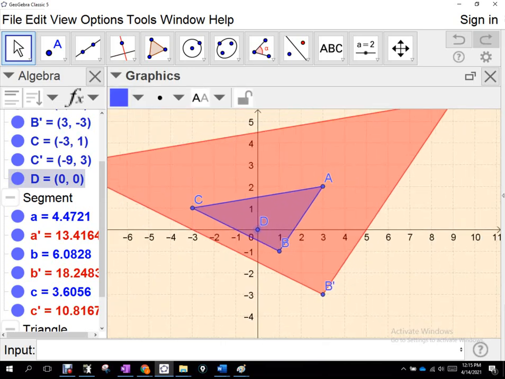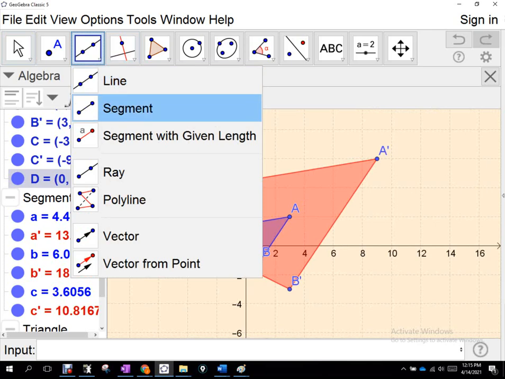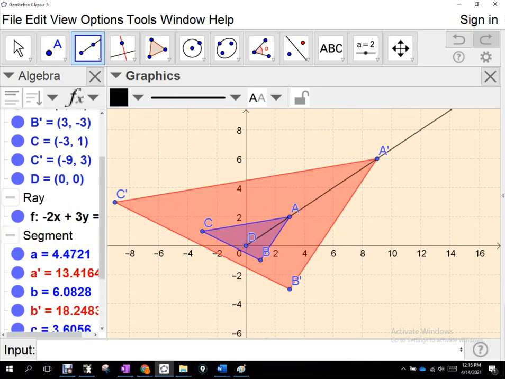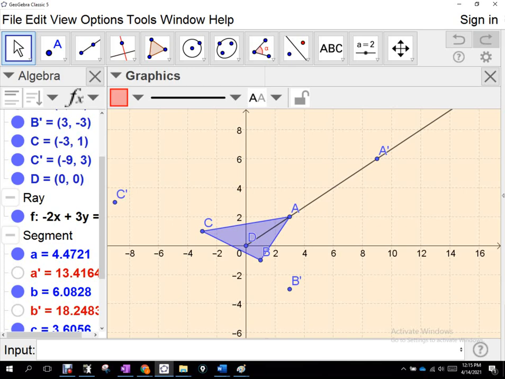In this logic, if I take a point D as my point of dilation, and go through any point that I want to dilate, the dilation has to end up on that ray. So if I did not know where A prime was, I would know at least that it's on that ray somewhere. Does that make sense, everybody?